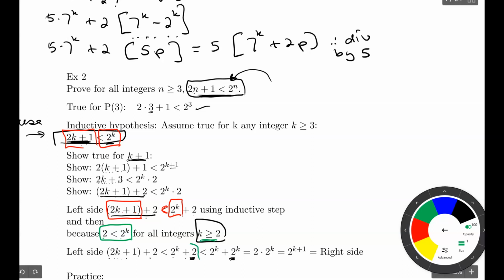So that's what I did. I took out a 2 and put in a less than 2 to the k. Let me erase here because now I want to show you what we have. What we have is 2 to the k plus 2 to the k. Oh, that's 2 times 2 to the k. Isn't that 2 to the k plus 1? And that's where I wanted to go. Yes.